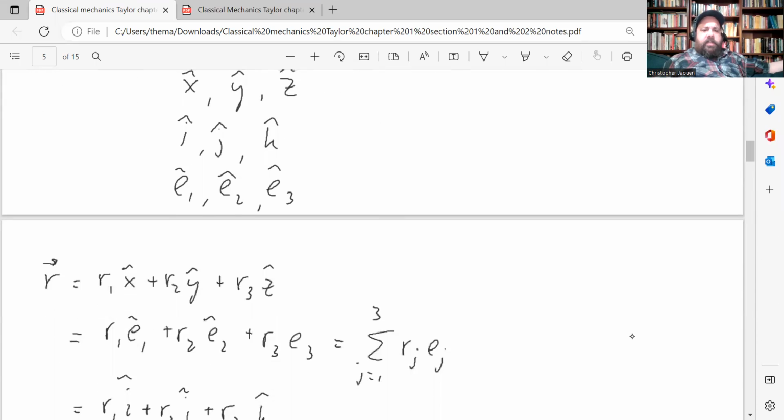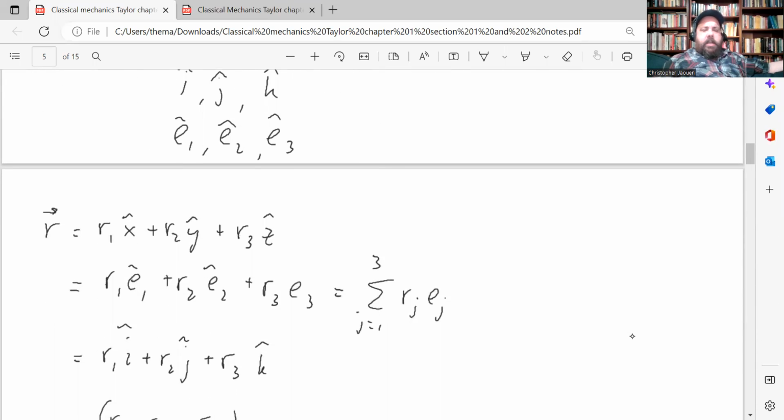Using that, you can write any vector, any point in space, in terms of those vectors. So you get the coordinates as the weights in the linear combination of those unit vectors. Let me bring my pen up here. For example, these are the coordinates with respect to the standard basis in R3 for the vector r, and you can write it using any of the notations.